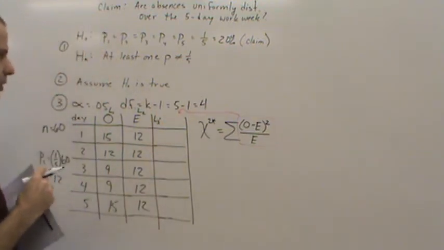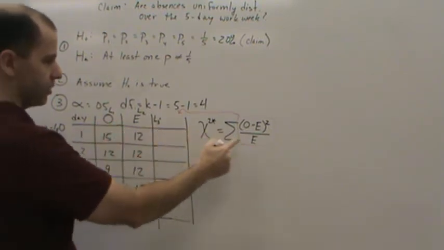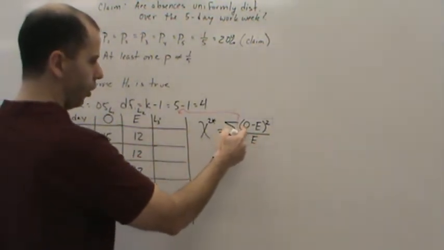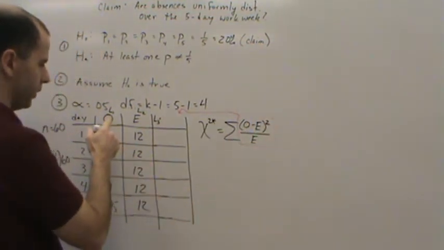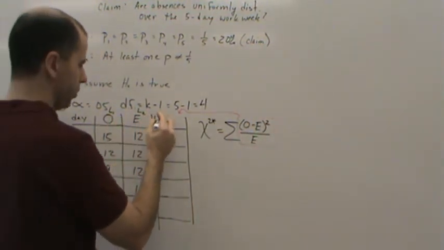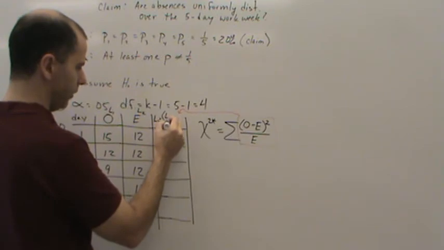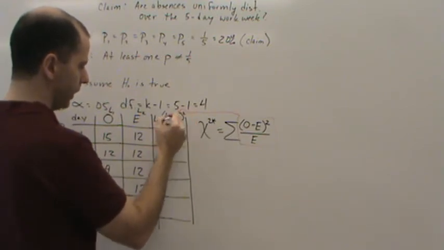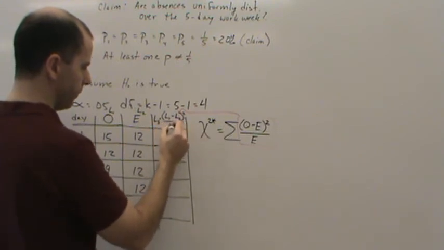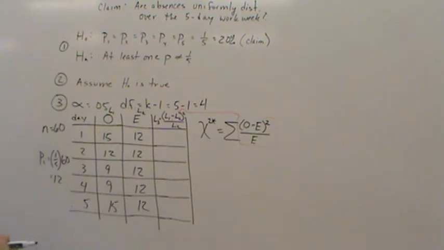I'm going to use my first 2 lists to make this formula, O minus E squared divided by E, using L1 and L2. So in column 3, I'm going to use L1 minus L2, quantity squared, divided by L2. And this is how you're going to do it.